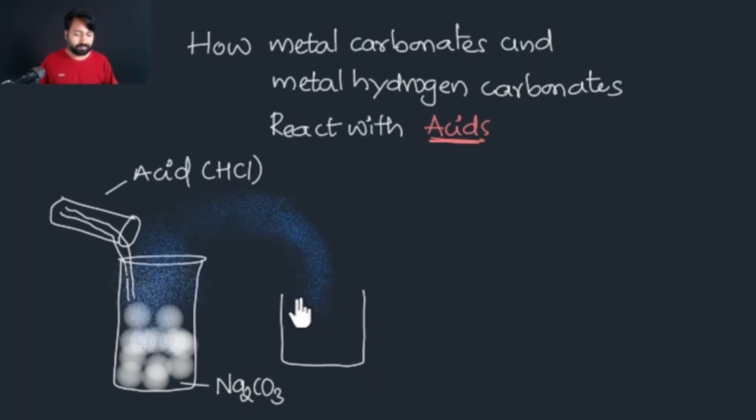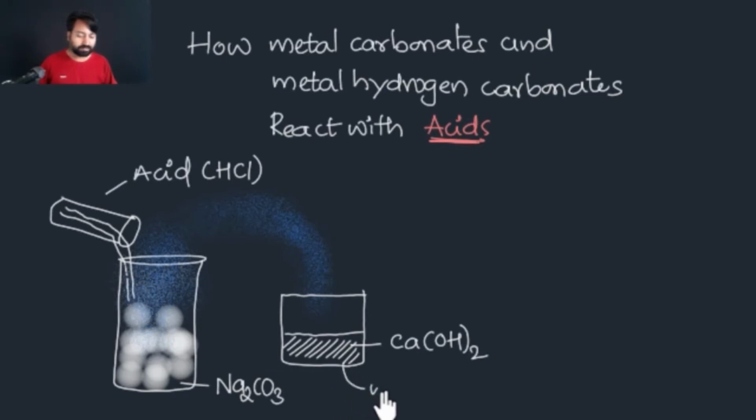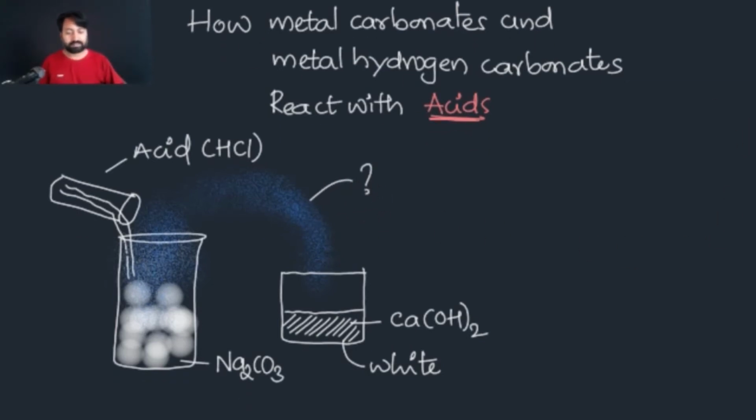You are passing the gas into another container containing calcium hydroxide, Ca(OH)2. This calcium hydroxide interacts with the gas, and suddenly the transparent color of the calcium hydroxide turns white. Then what is this gas? Let's understand this by the reaction.